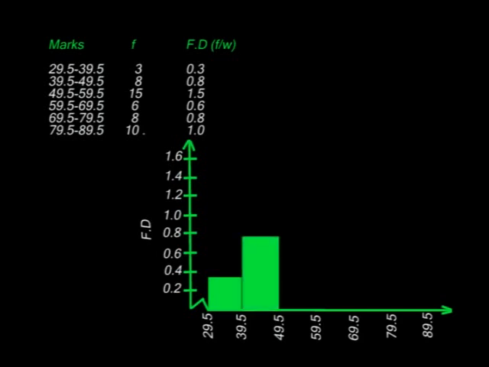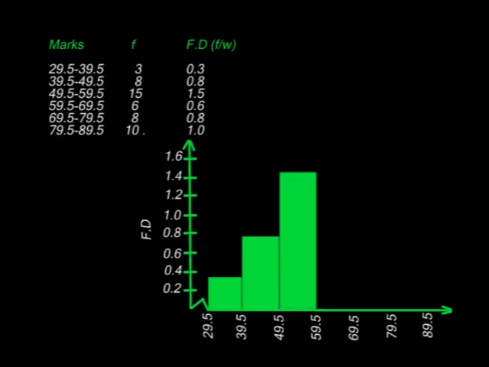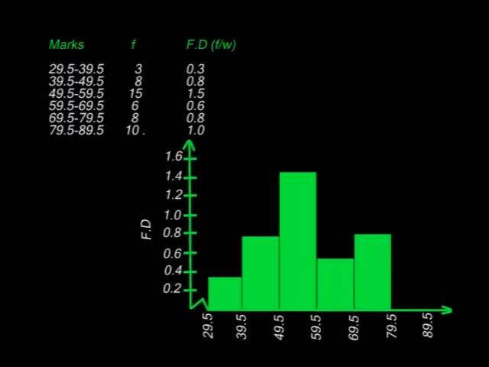The next class 49.5 to 59.5, the frequency density is 1.5. Moving on, 59.5 to 69.5 is 0.6, we have that bar. From 69.5 to 79.5 we have 0.8, and the last class we have 1 up to 89.5. So there you have your histogram.